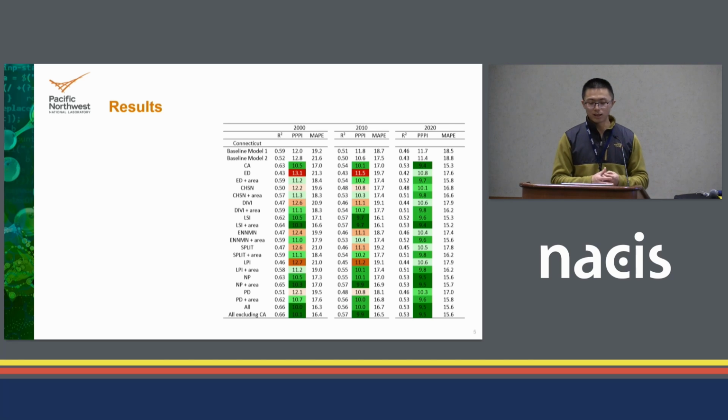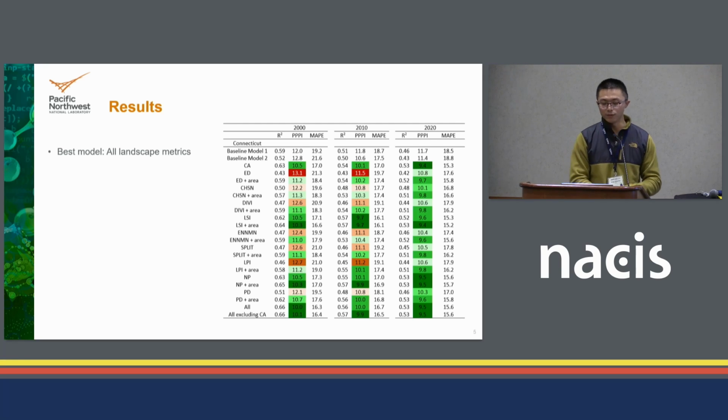So it directly corresponds to the area. So we want to see what the accuracy is if we exclude the class area and rely solely on other landscape metrics for the downscaling.